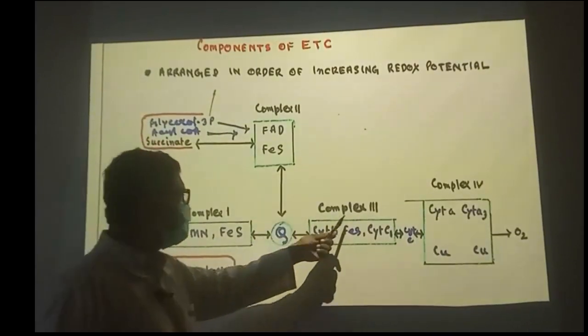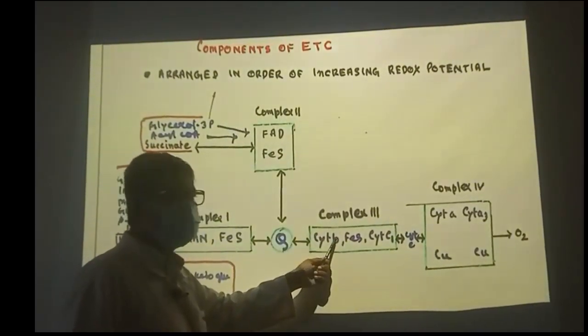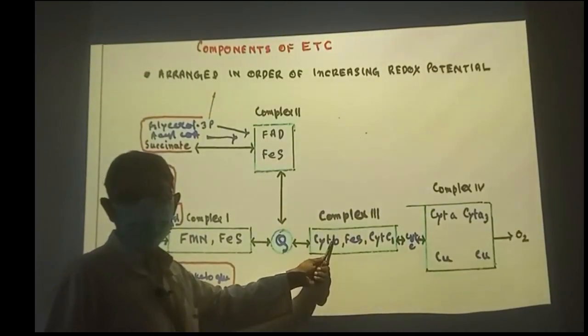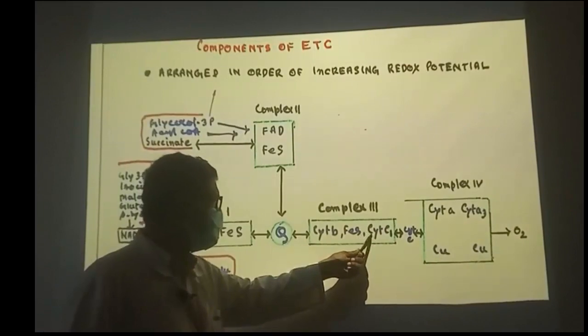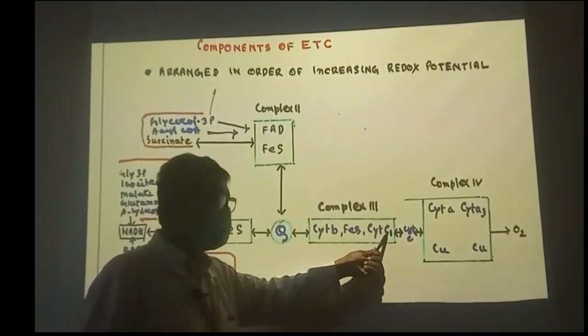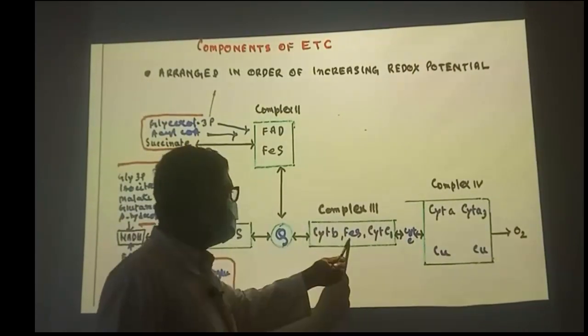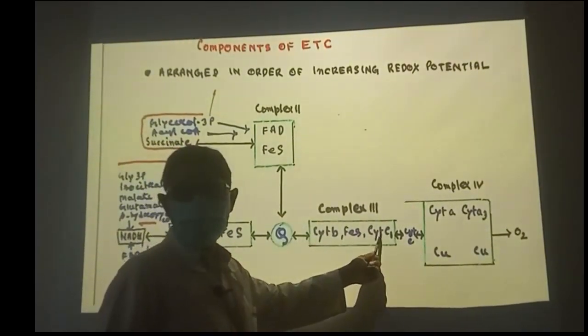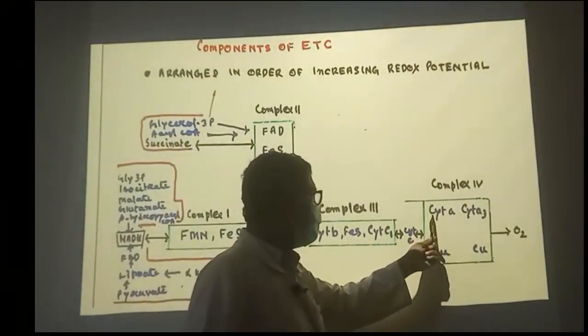Now complex 3 is made up of cytochrome b, FeS, and cytochrome c1. Cytochromes are heme containing enzymes that mainly consist of iron.